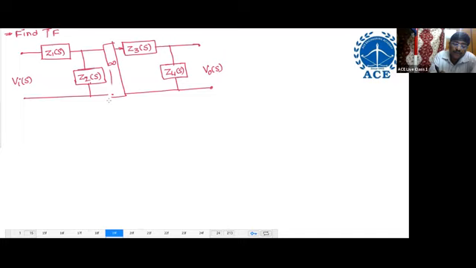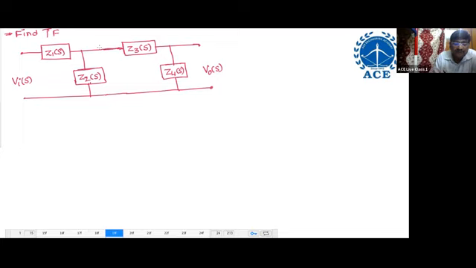Otherwise, you should not divide the network into parts because the loading effect exists. Loading effect means next stage impedance falls on the before stage. It will come in network theory, or even in analog circuits.